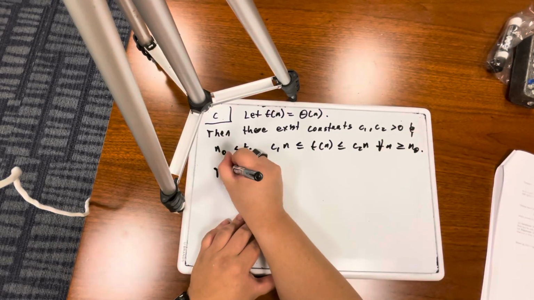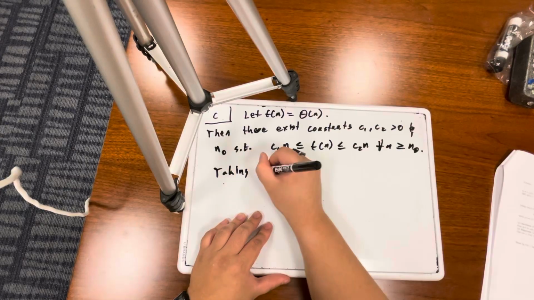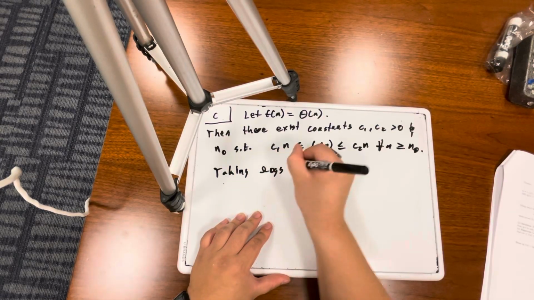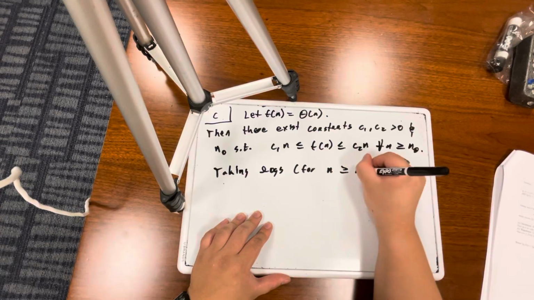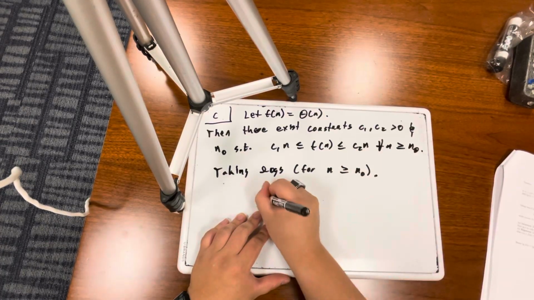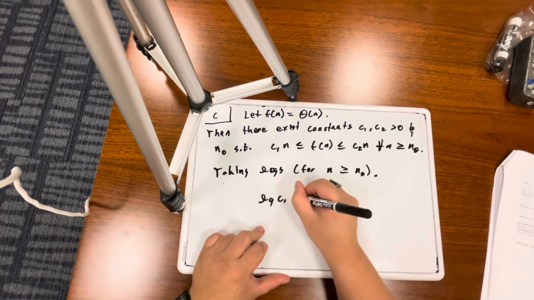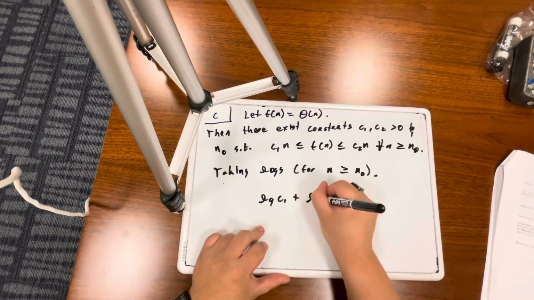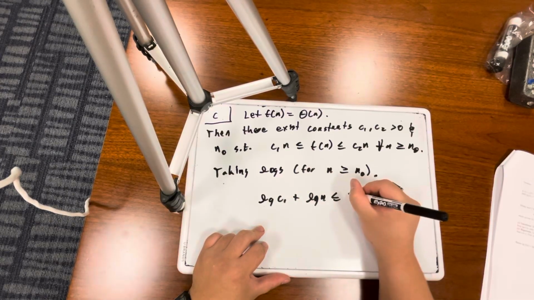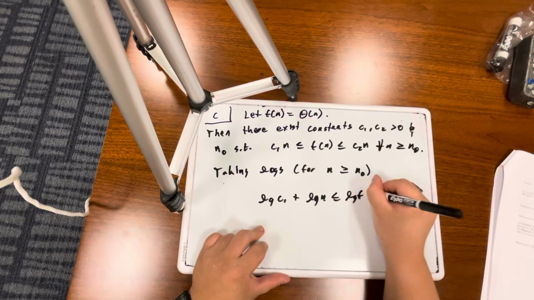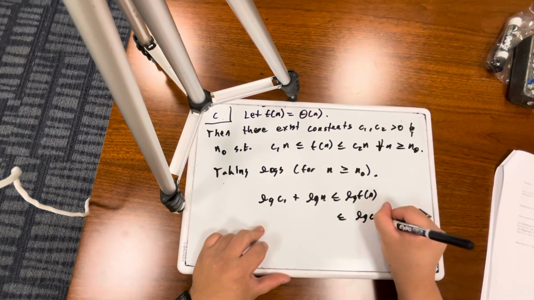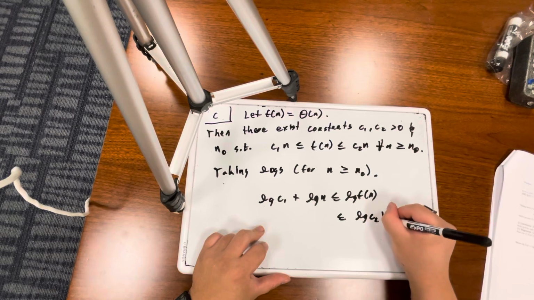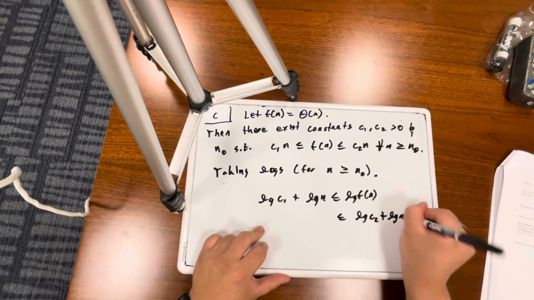Taking logs, for n greater than or equal to n naught, we have that the log of c sub 1 plus the log of n is less than or equal to log of f of n, which is less than or equal to the log of c sub 2 plus the log of n.